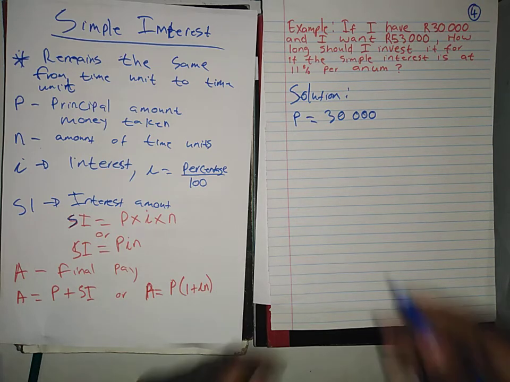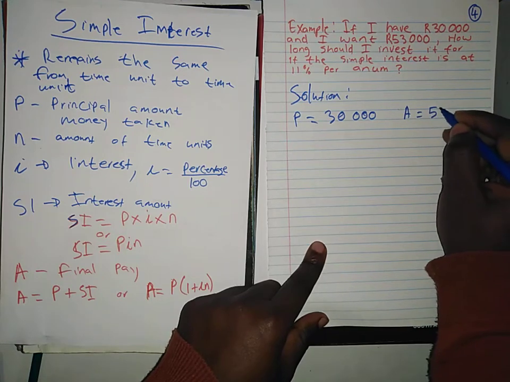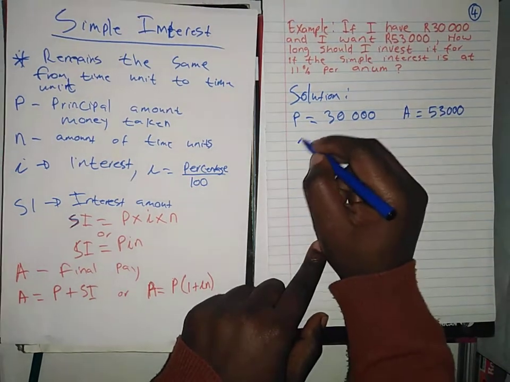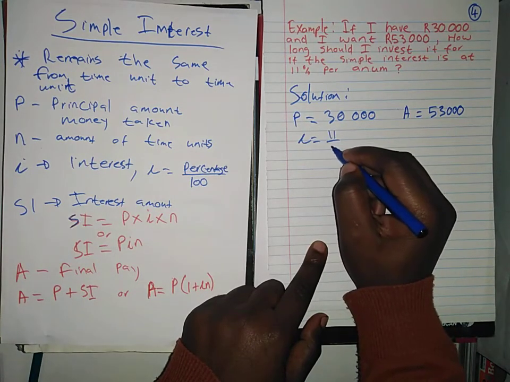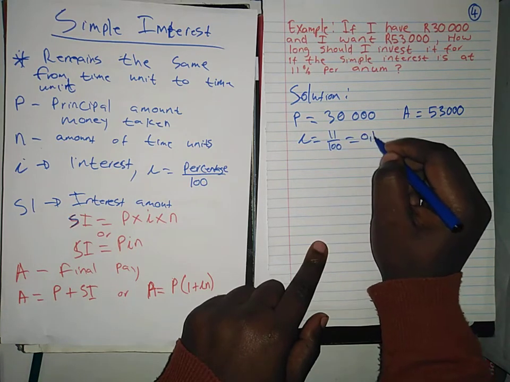That is the final amount. So A is equal to 53,000 rand, and the interest is 11%, so it's 11 over 100, which is 0.11.